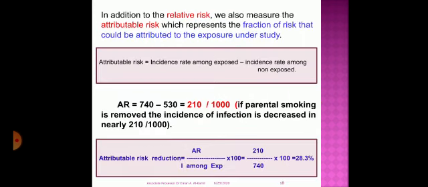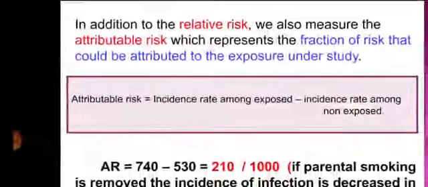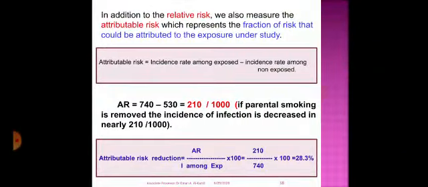The second measure we are going to calculate is the attributable risk, which is equal to the incidence rate among exposed minus the incidence rate among non-exposed. The difference represents the fraction of the risk that could be attributed to the exposure under study.